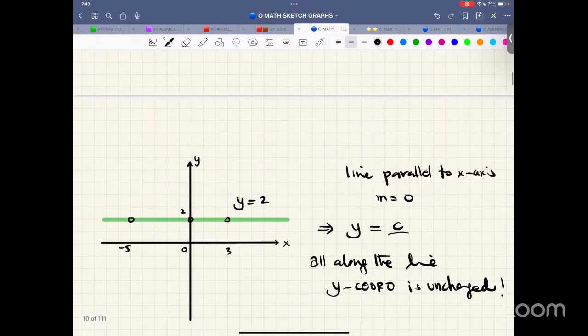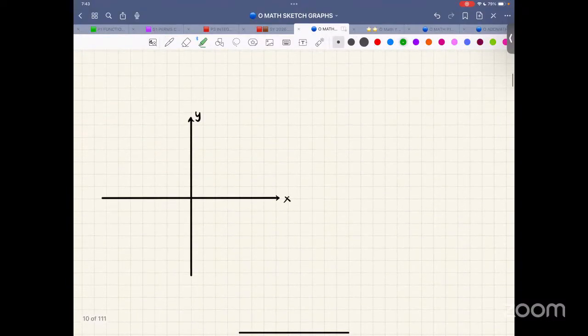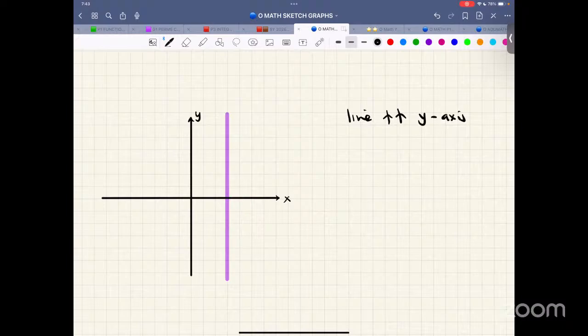That's the y-intercept. Similarly, if we have a line like this, a line parallel to the y-axis, the gradient is undefined. You cannot define it. Therefore, the equation is x equals a, because all along the line, the x coordinate is unchanged. So if this is 3, then the line is x equals 3.